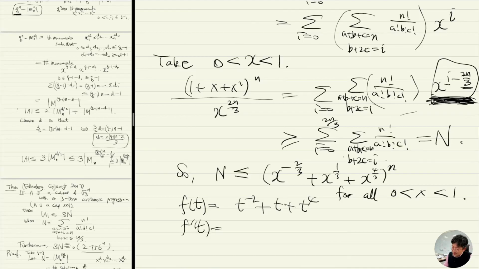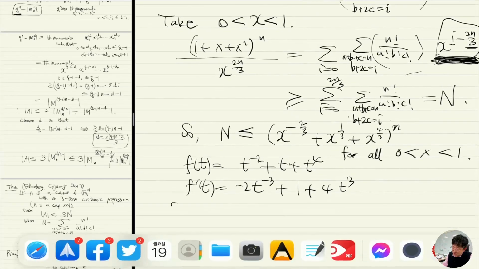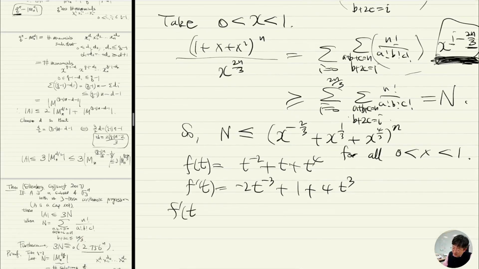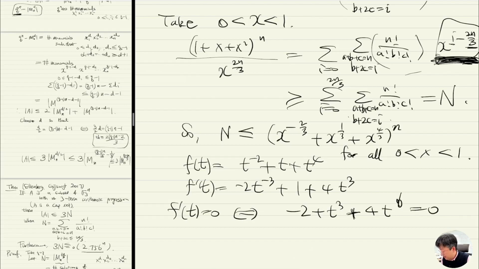Then its derivative is minus 2t to the minus 3 plus 1 plus 4t cubed. Right? So when is it minimized? The derivative is 0 if and only if minus 2 plus t cubed plus 4t to the 6 is 0.